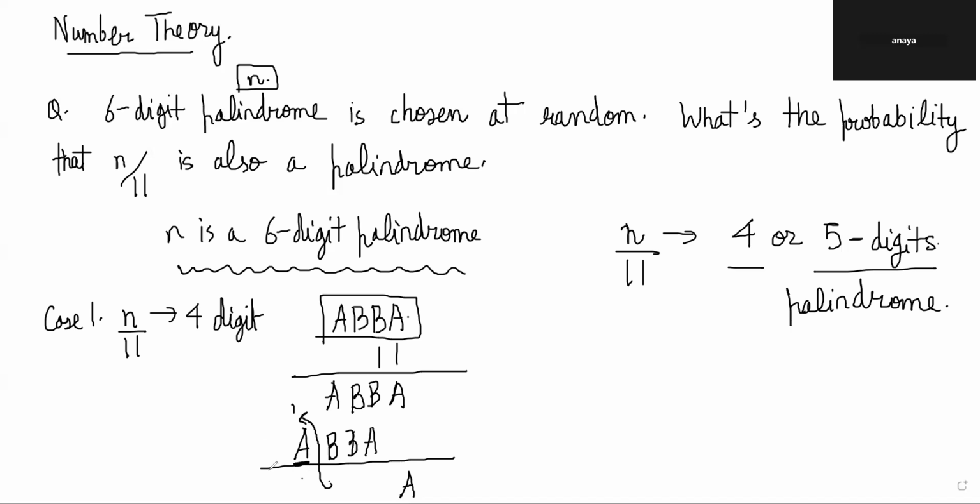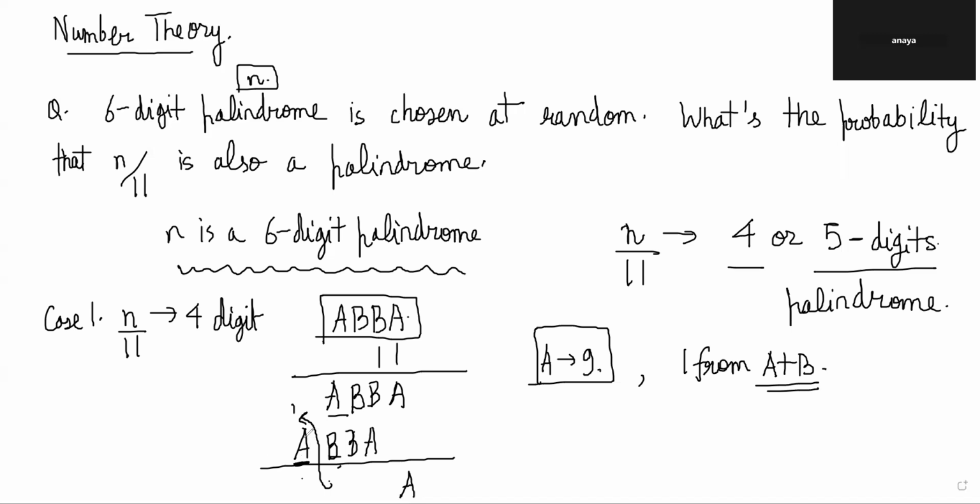So that means the A must be 9, so that even if a 1 gets carried from A plus B, it adds to the 9 and becomes a 10 and becomes 6 digits. So basically, A must be 9 and we carry over 1 from A plus B. However, there is a problem here.